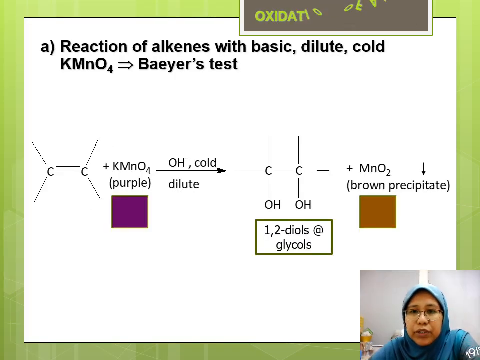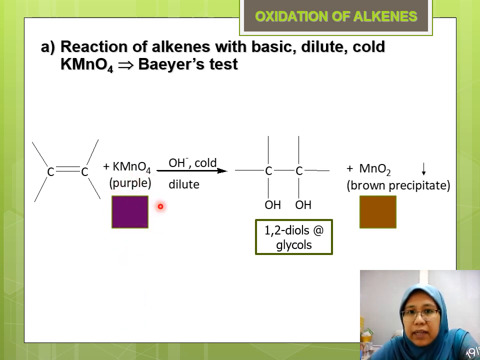So the unsaturation test which we have talked about is Bayer's test. The reaction is with basic, dilute and cold potassium permanganate, whereby the color of the original reagent is purple, as you can see here, purple, banafsaji.